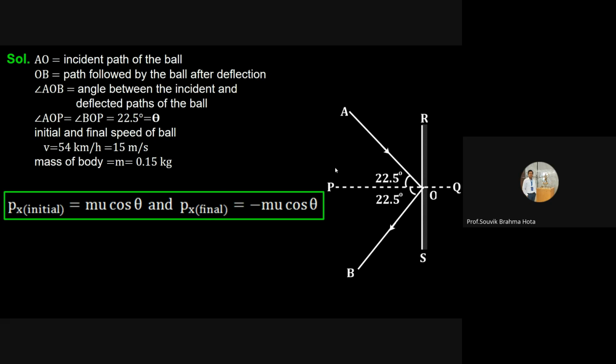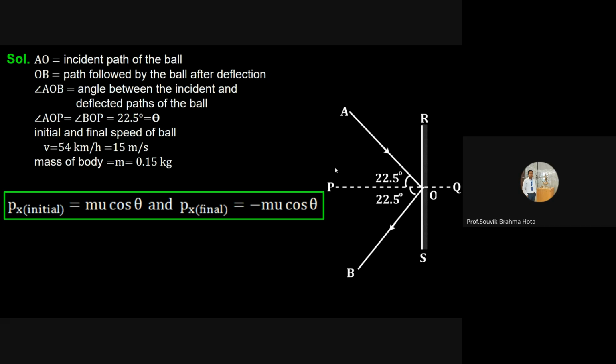P final is equal to minus mu cos theta, because it is getting back. This is the momentum in the x direction, that is why it is given Px initial, mass into u cos theta.